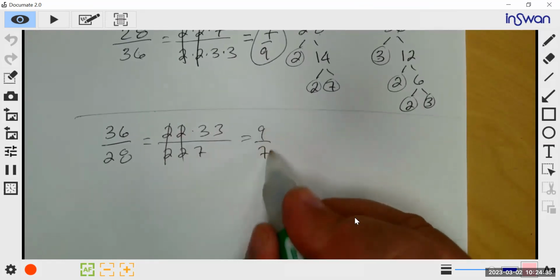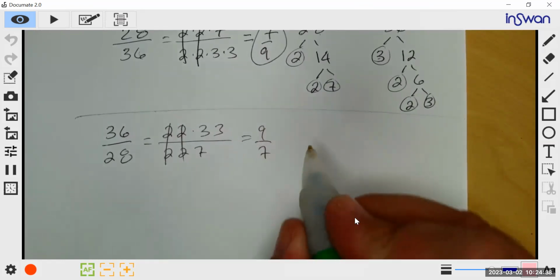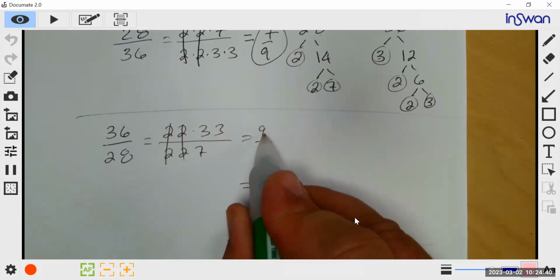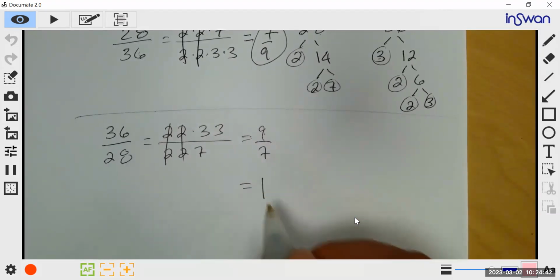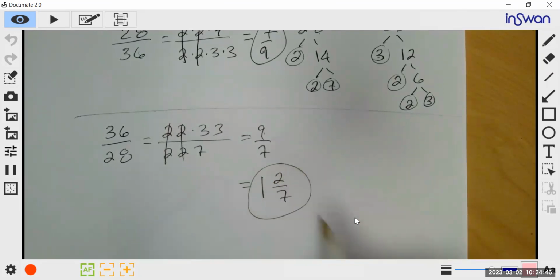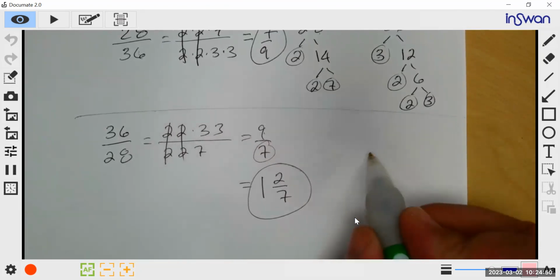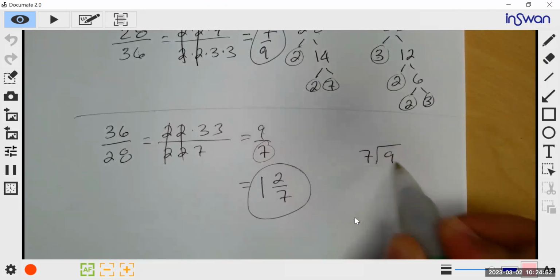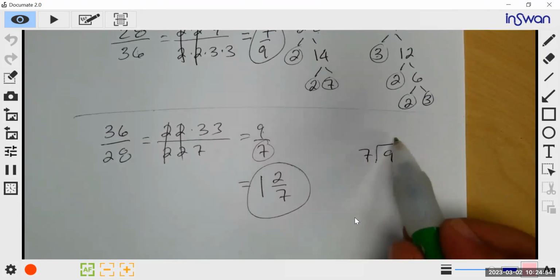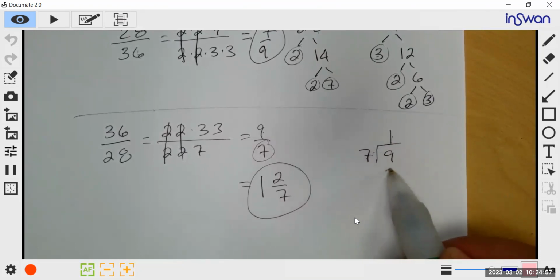So now we just do this division. How many times does 7 go into 9, with how many left over? Because the denominator has to stay the denominator. 7 goes into 9 once.